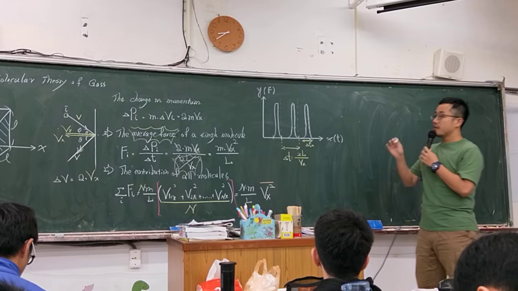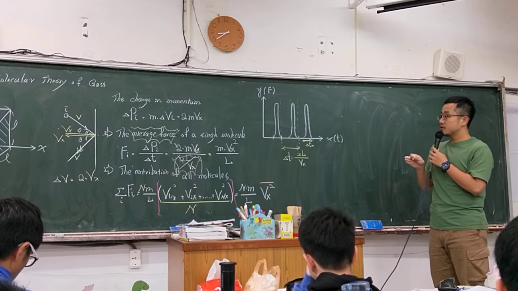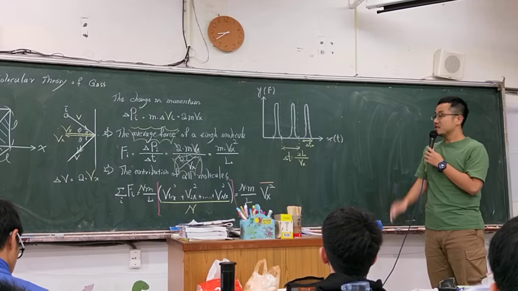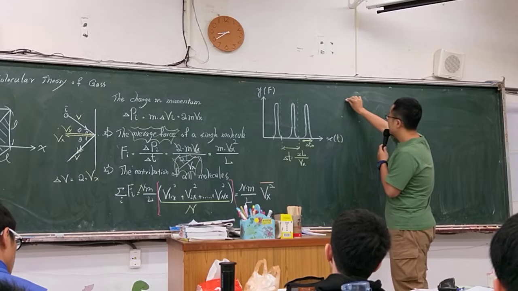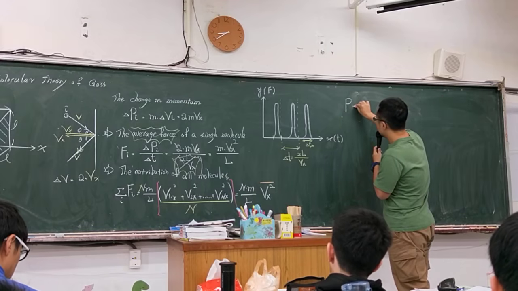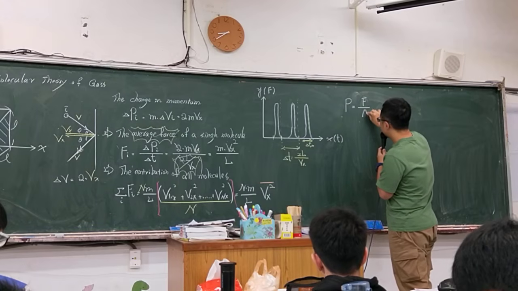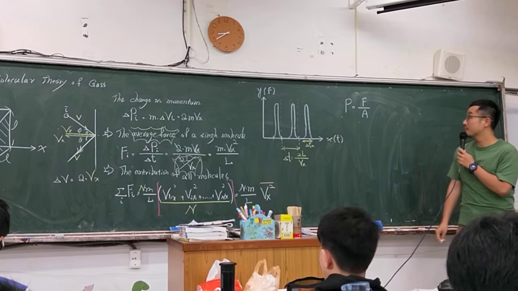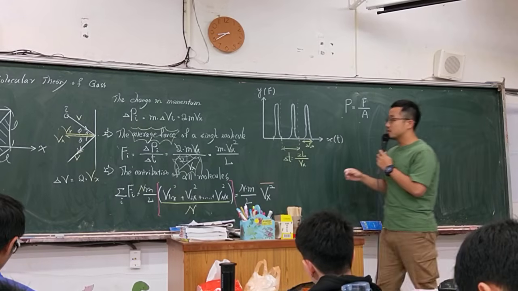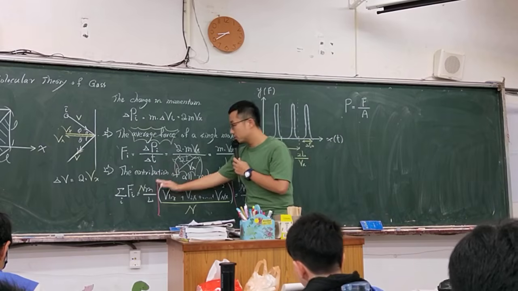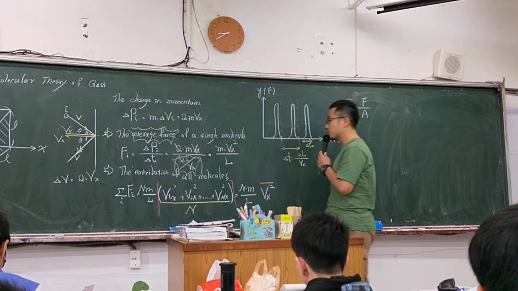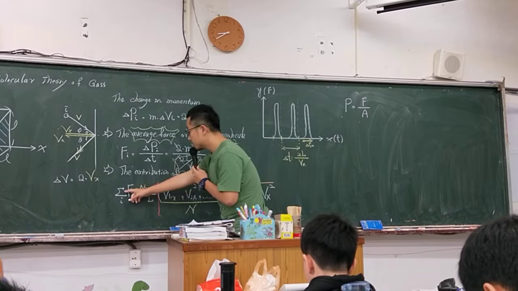But in this part, the main destination is I want to derive the pressure P. What is pressure P? Pressure P is the force per area. The force now should be considered as the sum of all the molecules, the contribution of all the molecules. I try to make it look similar.